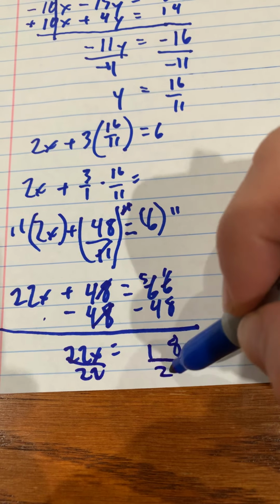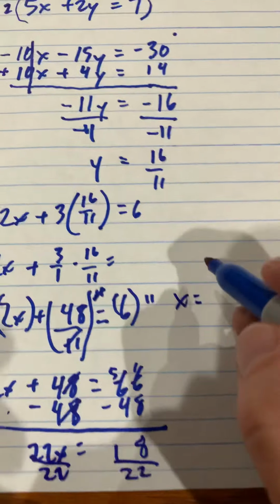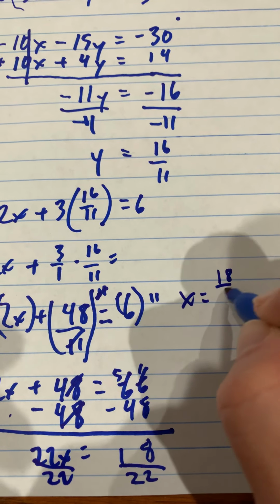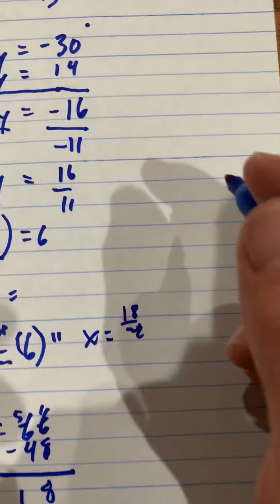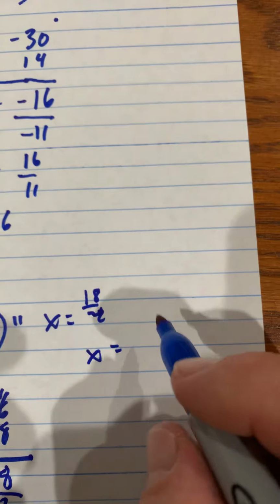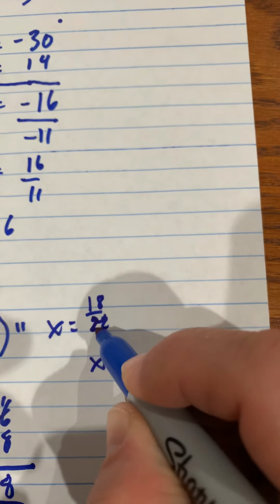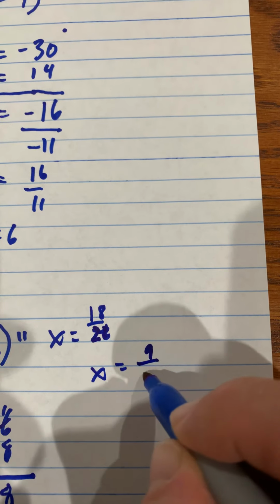Sorry, it's kind of sloppy, guys. So x equals 18 over 22. Let's go ahead and reduce that down. These can both be divided by 2. So x equals 9 over 11.